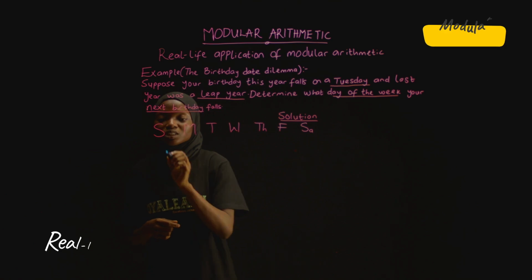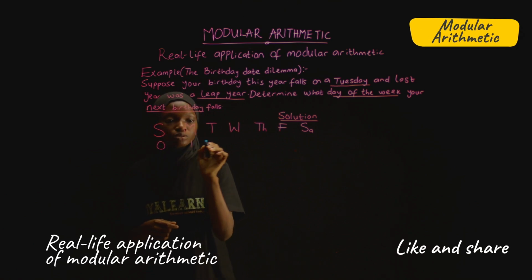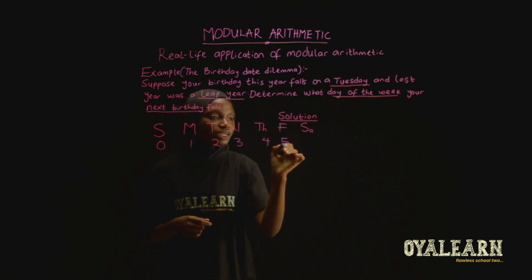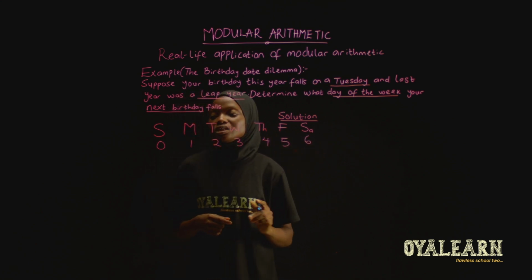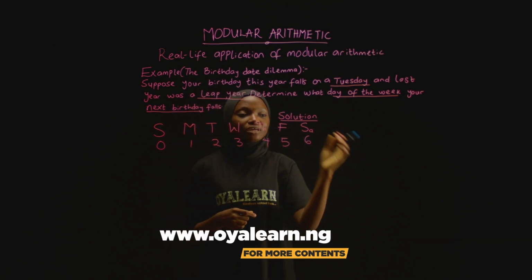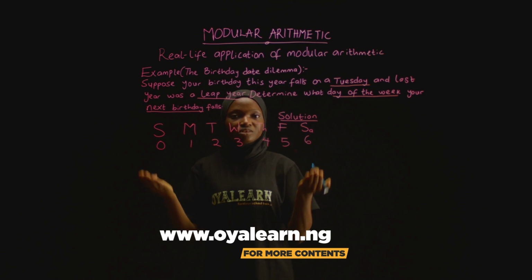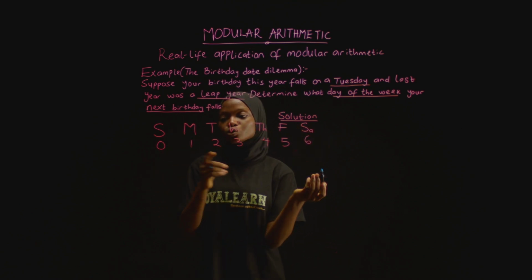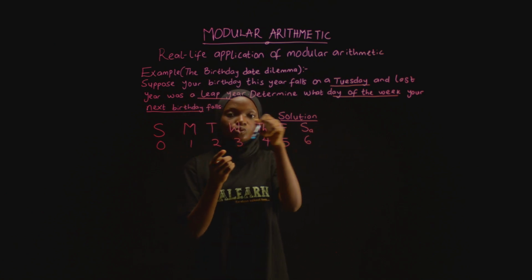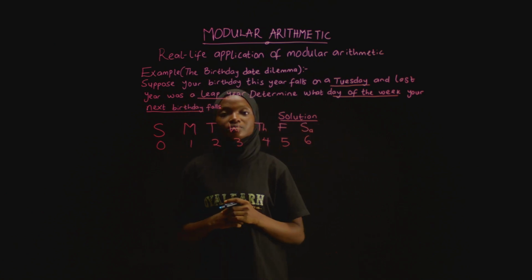So I'll start numbering from 0, 1, 2, 3, 4, 5, 6. Now we have digits from 0 to 6. And whenever we have one week, another week follows, that is, we go back to 0 again: 0, 1, 2, 3, 4, 5, 6, and like that.